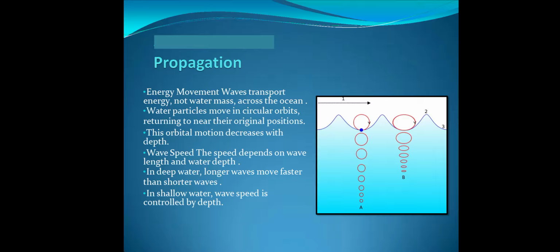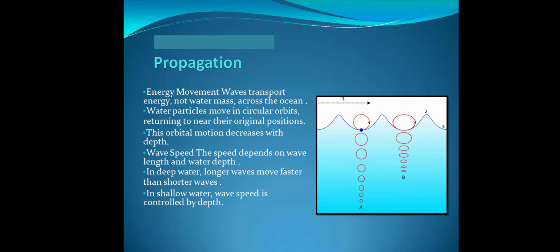Longer waves means waves of greater wavelength, and shorter waves means waves of shorter wavelength. So why in deep water do longer waves move faster than shorter waves? Because in deep water the intensity of the frictional force decreases. So there is not much obstruction in deep water, so longer waves move faster than shorter waves.